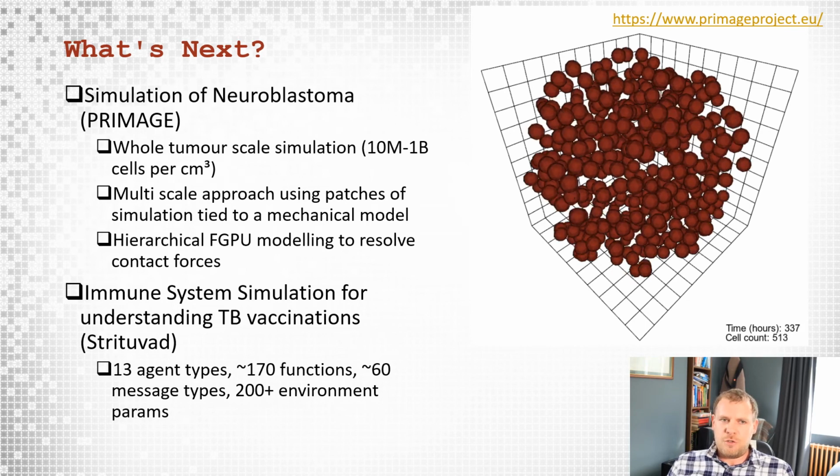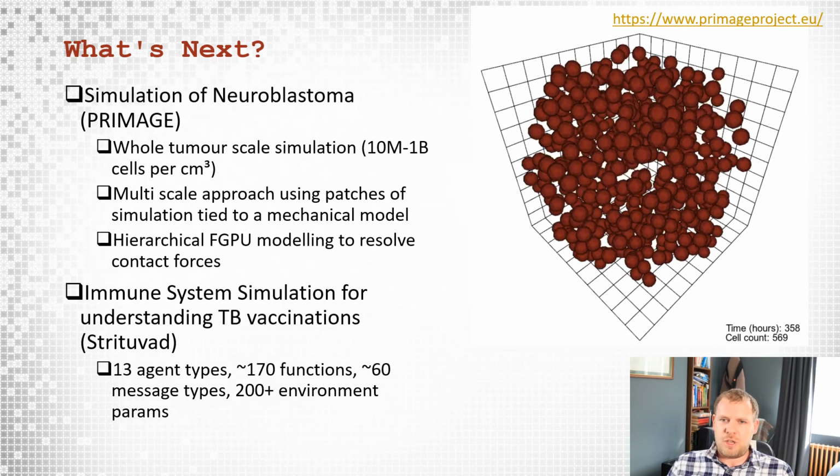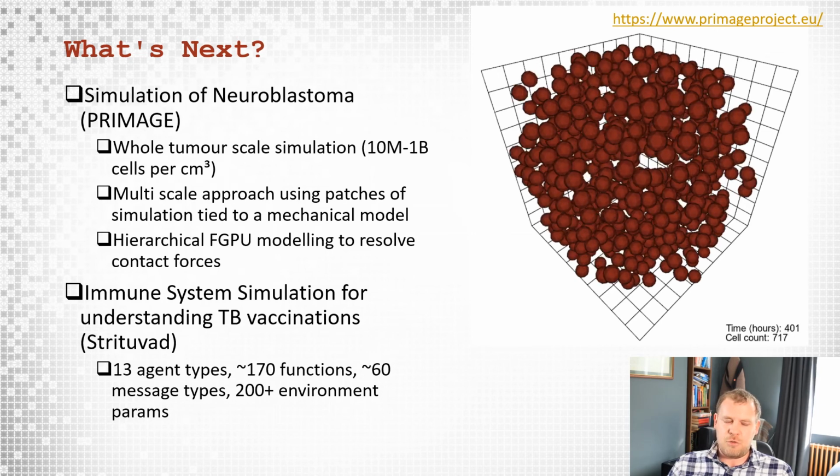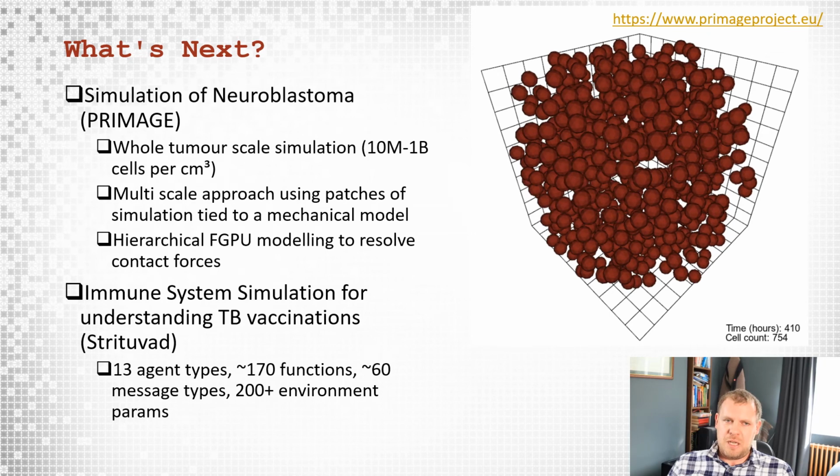So the approach of doing this is to use a multi-scale approach. So we're not going to simulate the entire tumour at the agent-based level. We're going to use patches of simulations tied to a mechanical model which calculates mechanical stresses within the tumour itself that are then fed back in at the cellular level.